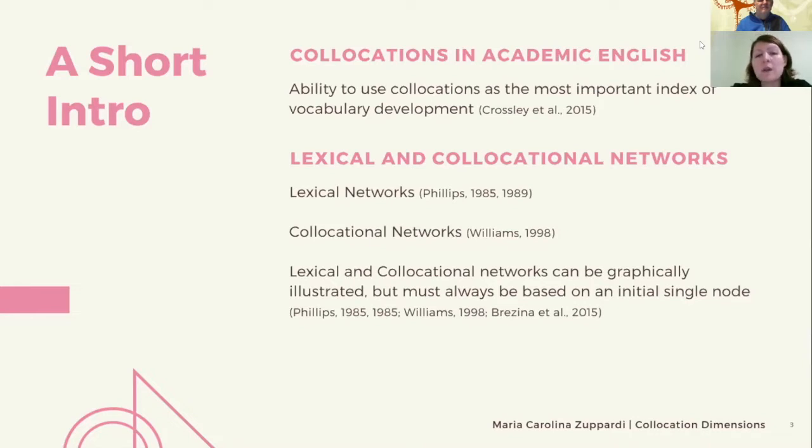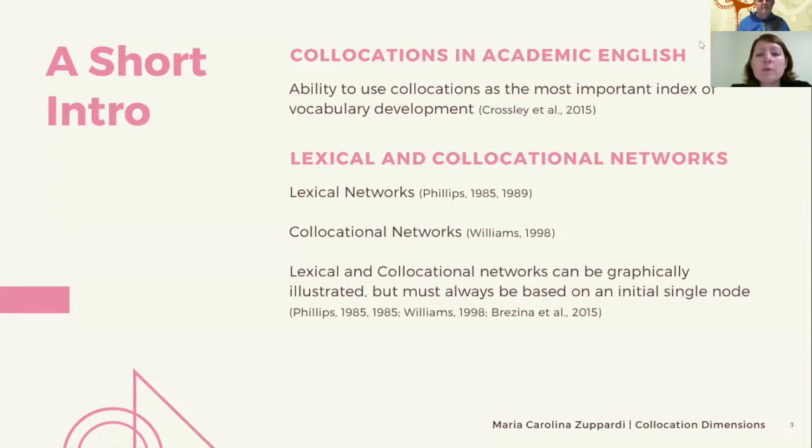Taking it to the next level, we now can see this visually, graphically illustrated. There is great software where, once we input the text and choose a node, we can see the whole network and how all these nodes and collocates are interrelated, and how those collocational networks are being built.